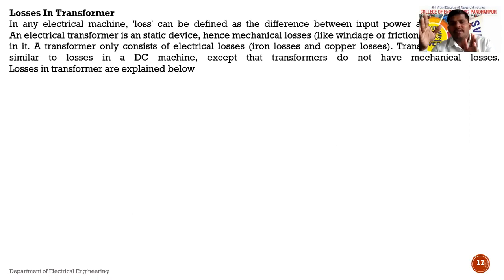Suppose we have given some quantity as input and we obtain some quantity as output. If there is a difference between input power and output power, we can call this difference a loss. So suppose the supply power given to the transformer is 100 watt, and at the output side we get near about 80 watt.